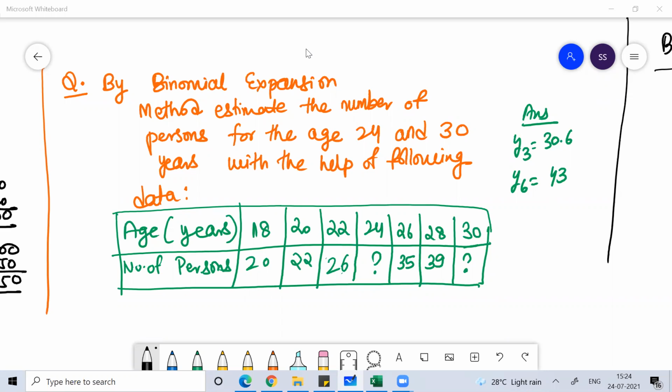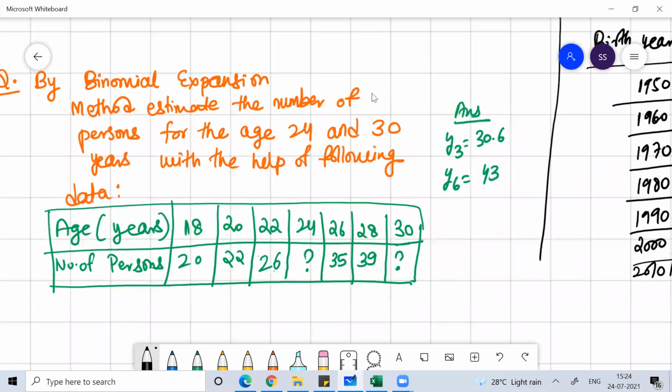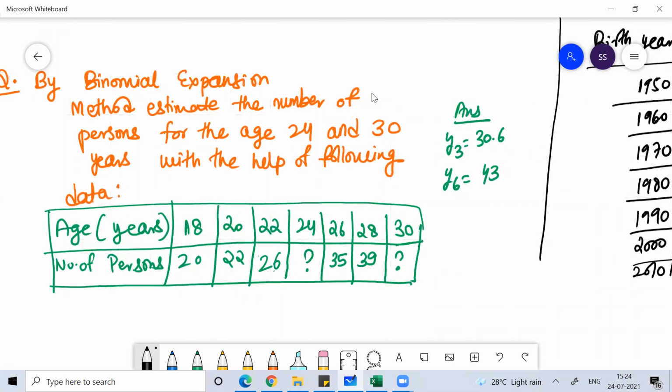Pardon me if I make any mistake in telling your names. I hope you understood this. Ankit, Mateen, I think you came for the first time to the class. Any doubt, Tarannum, Sayyed?